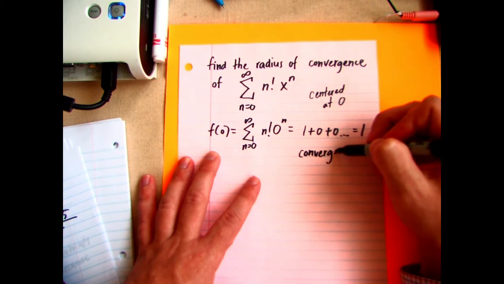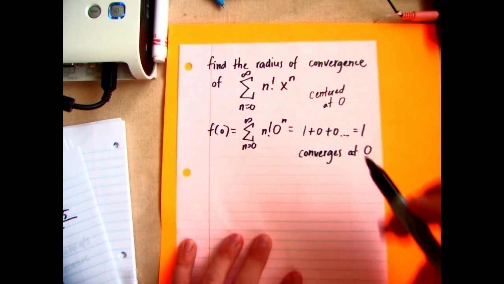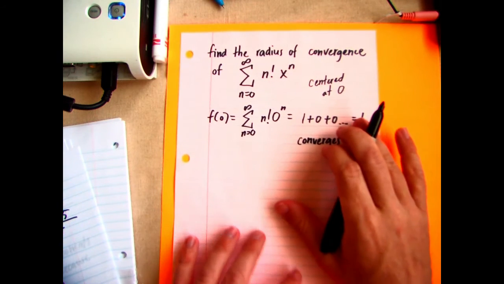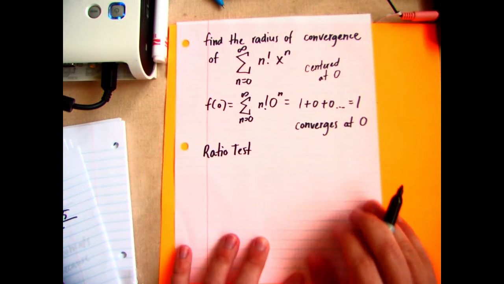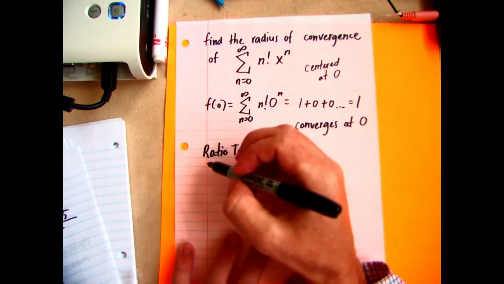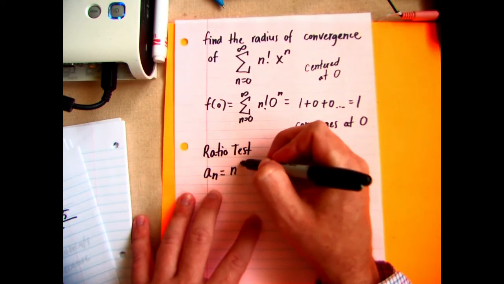So if I plug in 0 for x, the terms of my sum become 1 plus 0 plus 0 plus 0. So that sum is going to converge to 1. So it definitely does converge at the center. To find other values, we need to do the ratio test. So we've got to think back to the ratio test and how we got that.